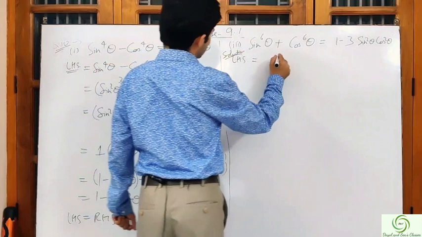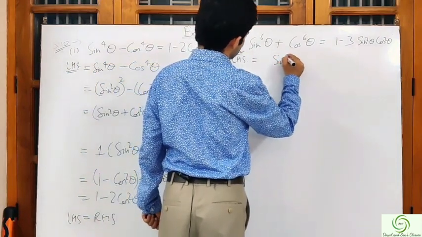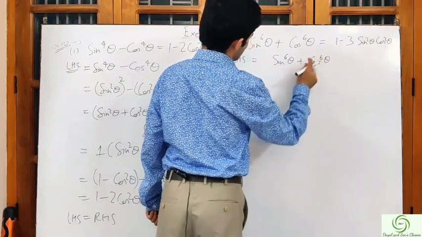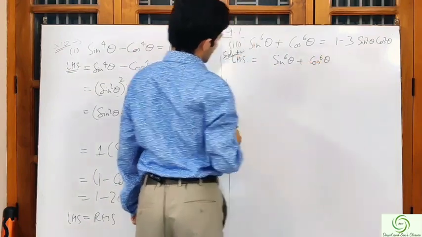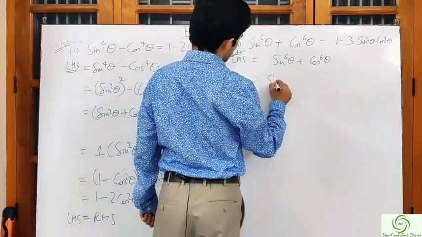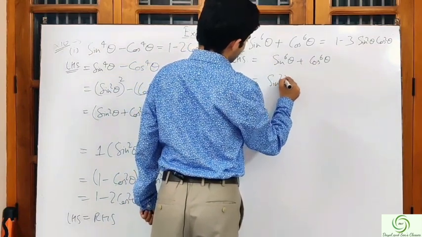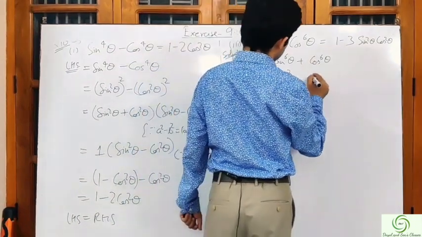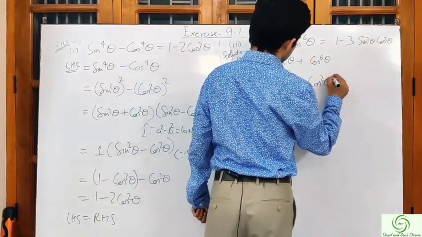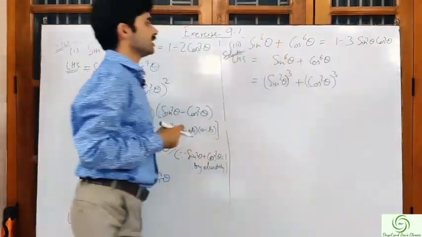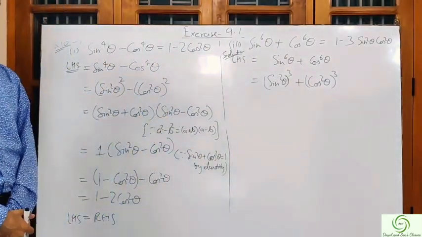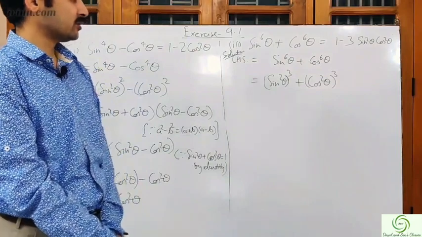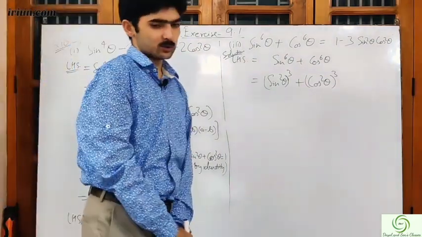Left hand side is sin 6 theta plus cos 6 theta, which is equal to sin square theta whole cube plus cos square theta whole cube. I can write sin raised to power 6 theta as sin square theta whole cube and cos raised to power 6 theta is equal to cos square theta whole cube.